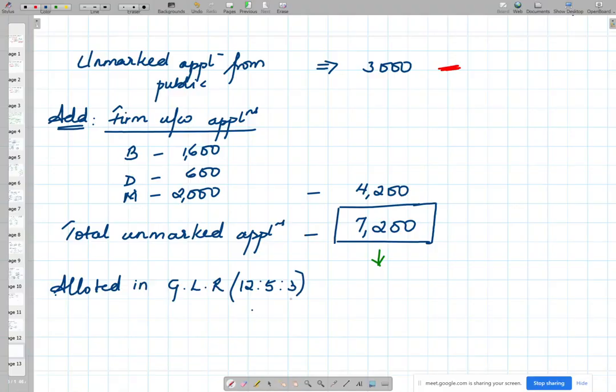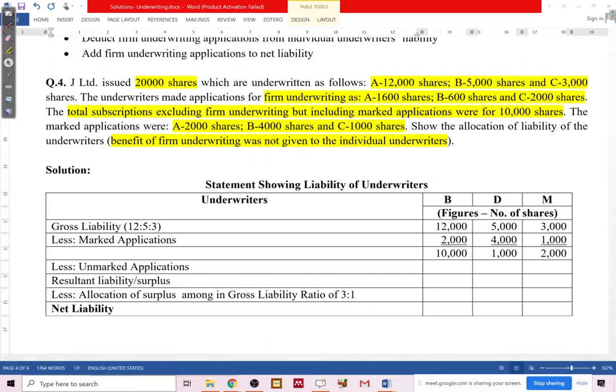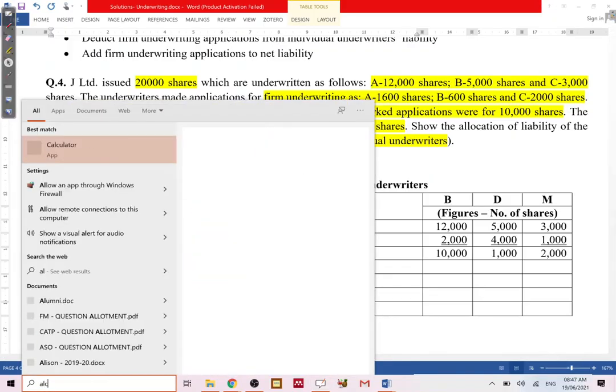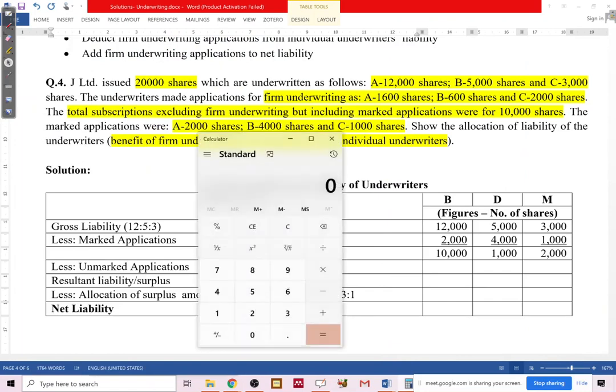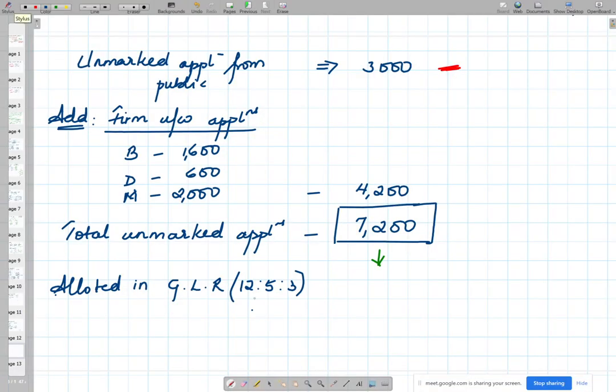Now how much does that give us? Let's see, 7200 we have, right? 7200 multiplied by the first person's ratio, 12. How will you calculate? 12 plus 5 is 17, 17 plus 3 is 20. That is the ratio.